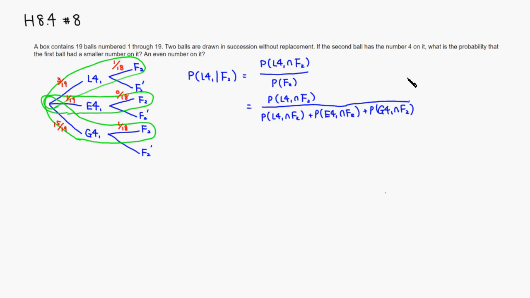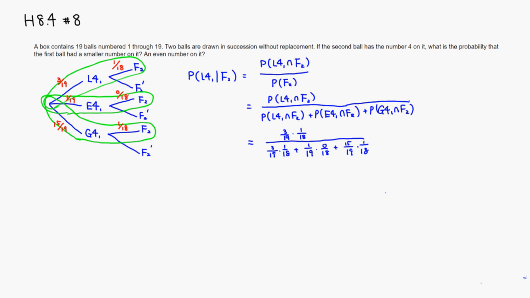On top, you're going to have L4 and F2, so it's 3 over 19 times 1 over 18. The bottom is the same thing, 3 over 19 times 1 over 18, plus 1 over 19 times 0 over 18, which is 0 anyway, plus 15 over 19 times 1 over 18.